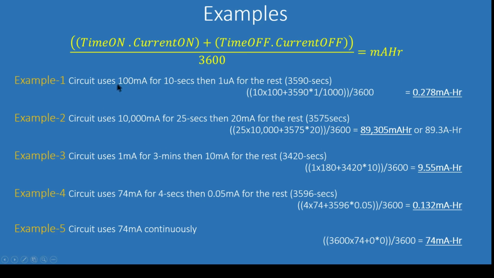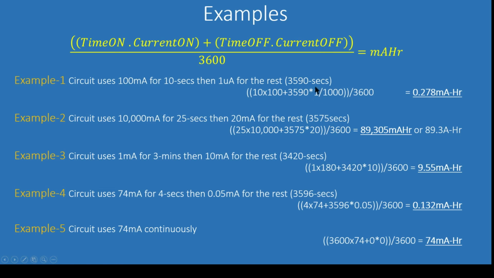Example one is the circuit is consuming 100 milliamps for 10 seconds and then 1 microamp for the rest of the hour. Put those results in here, so it's 10 seconds on, 100 milliamps during the on time, and then 3,590 seconds off, consuming 1 microamp.